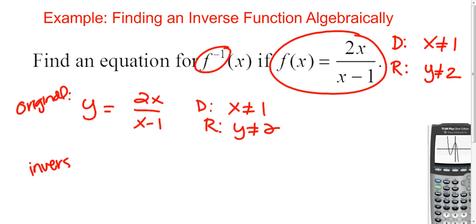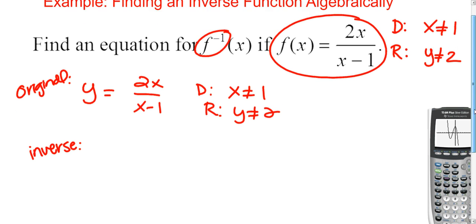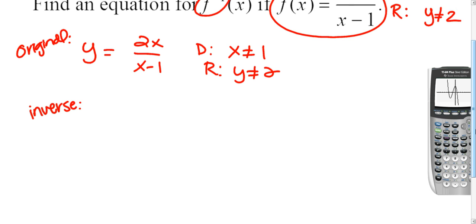Okay, when I find the inverse, what I do is I switch my x and my y, and I resolve for y. So what was a y becomes an x, and vice versa. And now I need to resolve for y.